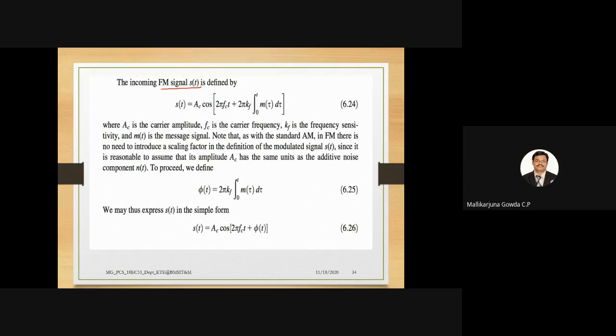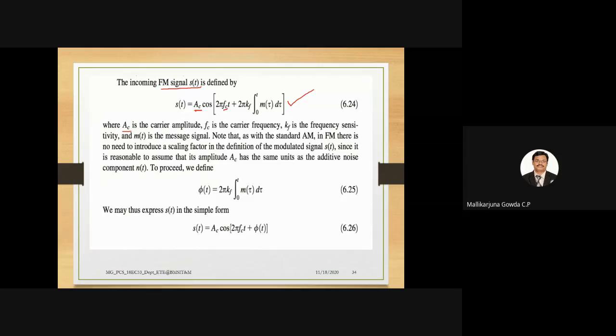So S of t will be equal to A_c cosine of 2 pi f_c t plus 2 pi k_f integral 0 to t m of tau d tau. This is one way of expressing the frequency modulated signal. A_c is the amplitude of the carrier, and f_c is the frequency of the carrier.